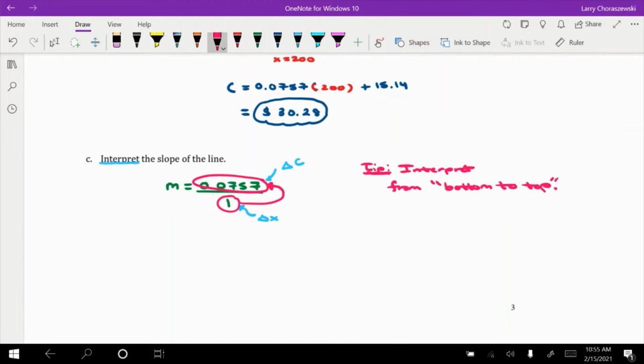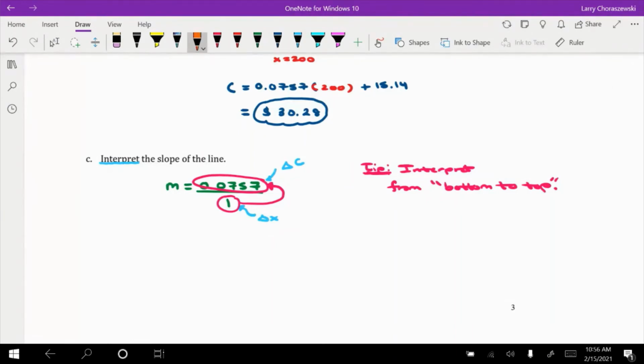So if we were to use slope to plot a point on the line, we'd have to go to the right by 1 and then up by 0.0757. So what this is saying is that as you increase the number of kilowatt hours, the cost increases.